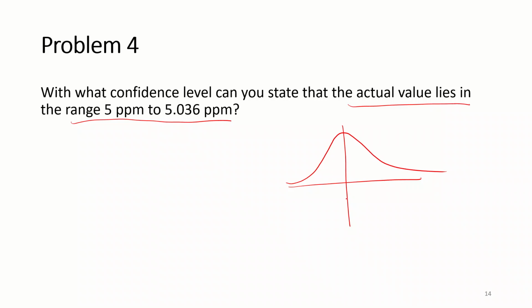This is the mean, it's 0 actually. So now we have to find out what should be the confidence level that it essentially lies in the given range, 5 ppm to 5.036 ppm.